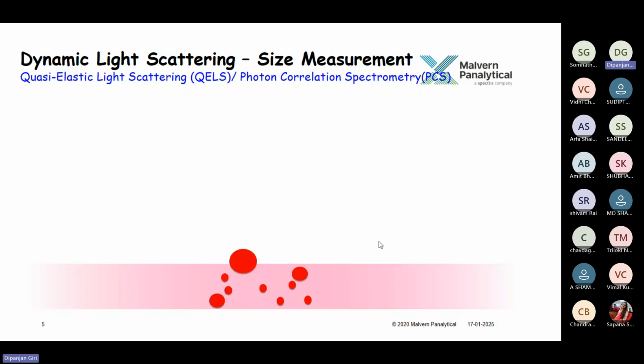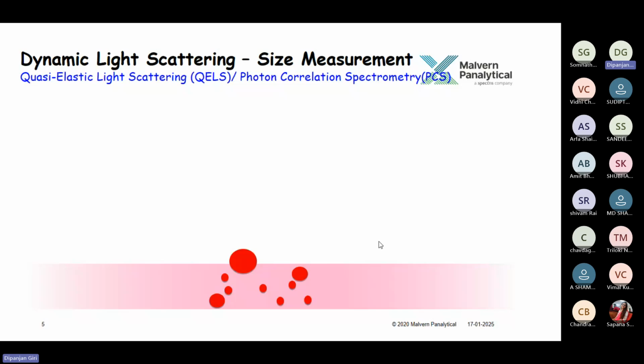Apart from the different measurement techniques, the one we will discuss today is dynamic light scattering, DLS.